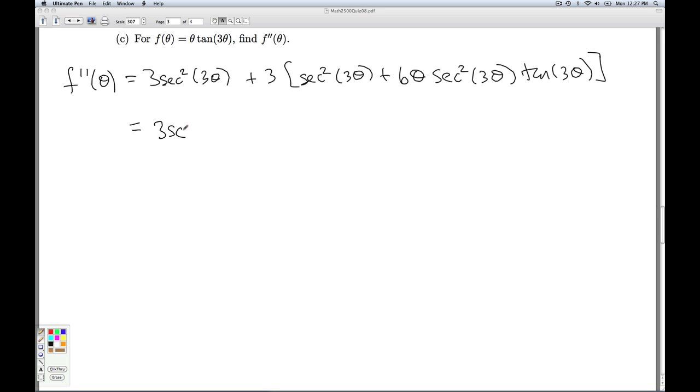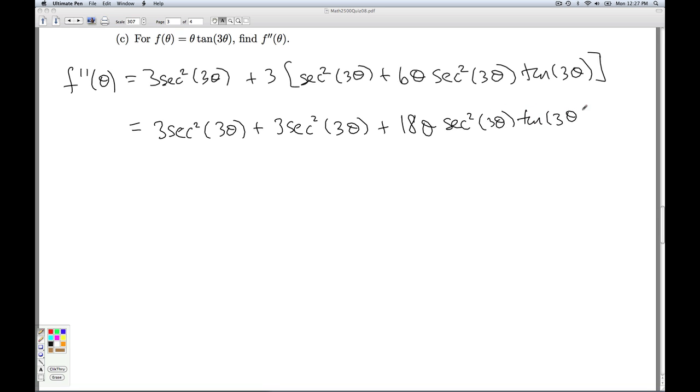I have 3 secant squared 3 theta plus, I'm going to distribute the 3 through here. I get another 3 secant squared 3 theta, and then I get an 18 theta secant squared 3 theta tangent 3 theta. I add these together, I get 6 secant squared 3 theta plus 18 theta secant squared 3 theta tangent 3 theta.